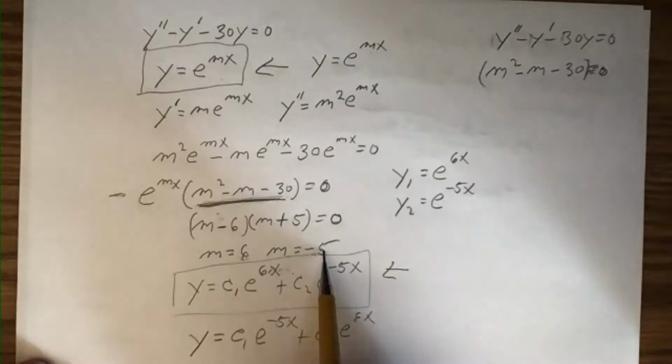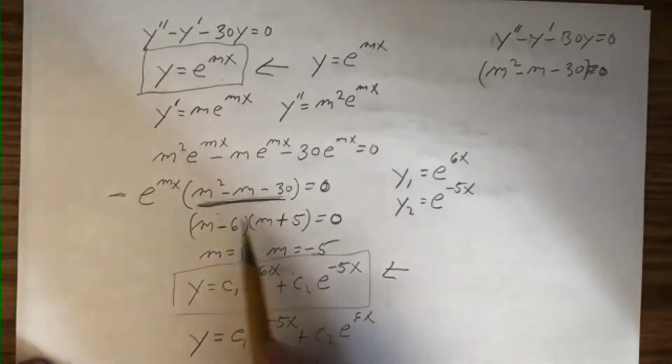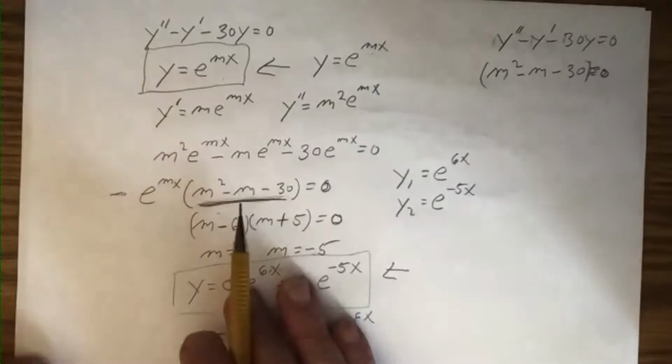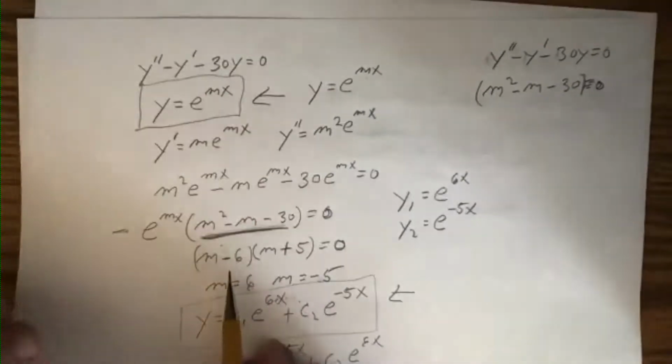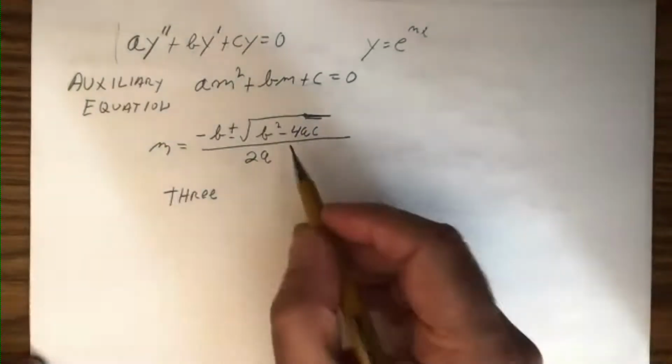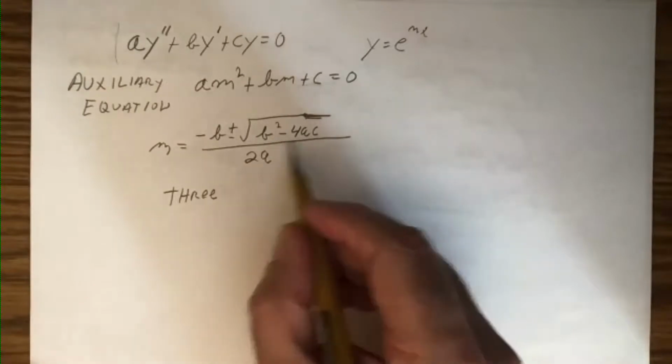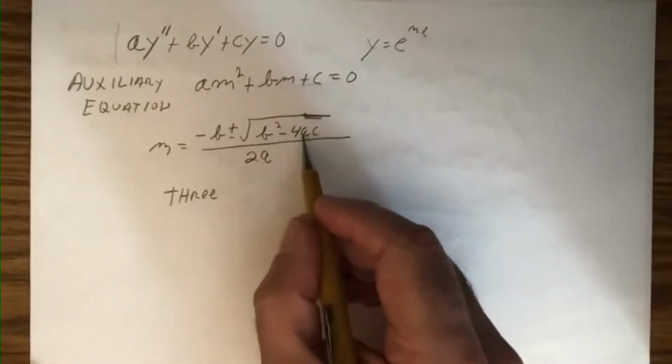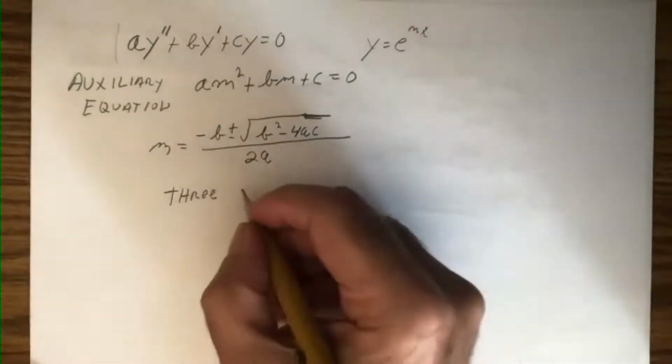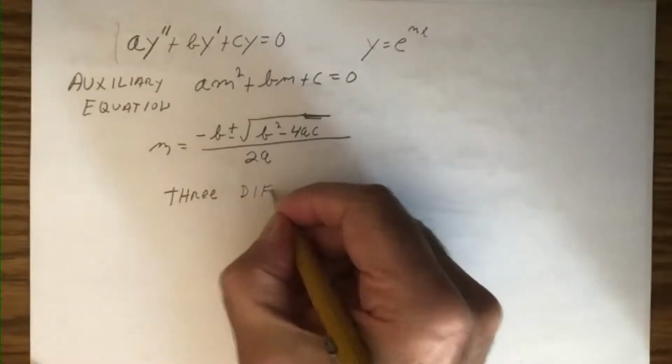There's something else we're going to have to do. And what do I do if I have imaginary roots? When I solve this quadratic equation, the discriminant could be negative. So we're going to have to look at three different cases.